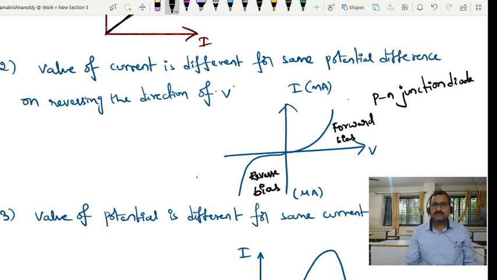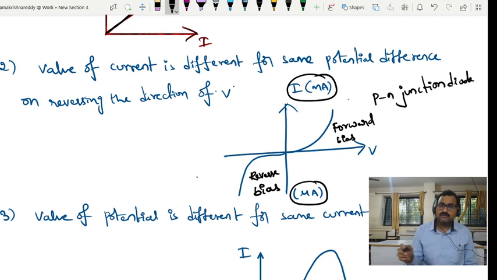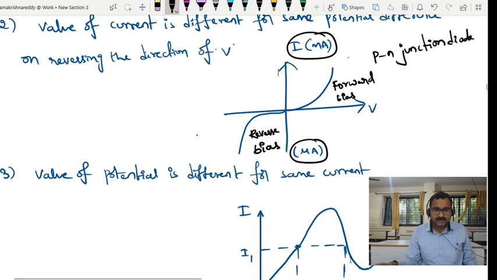The value of current is different for the same potential difference on reversing the direction of V. Here in forward bias, you are giving some voltage and getting a curve like that. If you give the same thing in the reverse direction, what about the current you are getting? Only microampere current. But in forward bias, how much did you get? Milliampere current. Same thing in reverse, you got a microampere current.